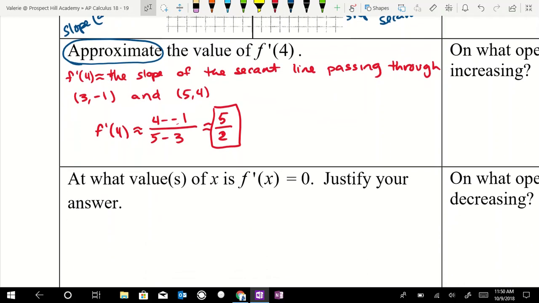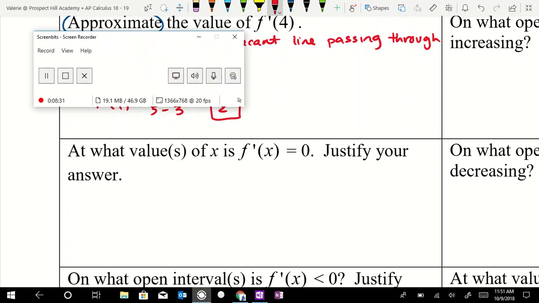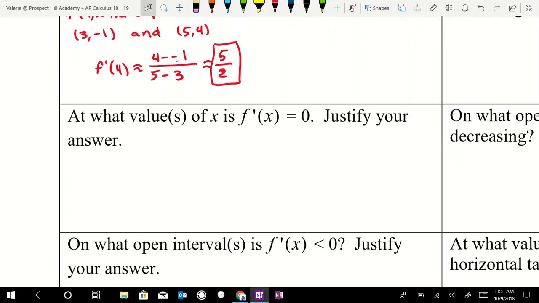All right, now we want to know at what values of x is f prime of x equal to 0, and justify your answer. So we're going to justify before we actually write our answers.